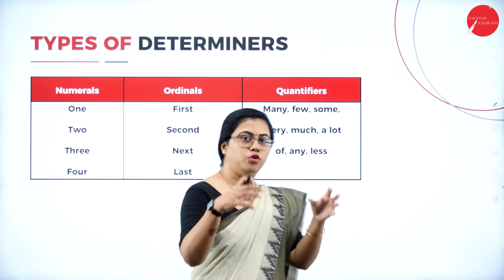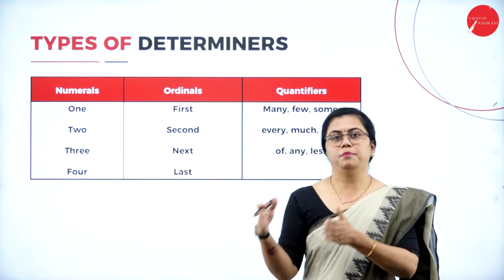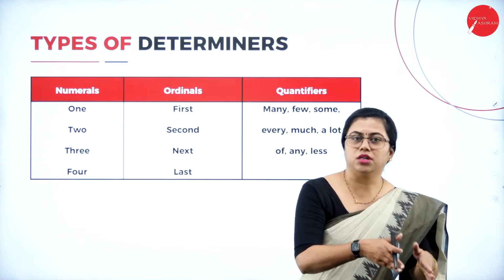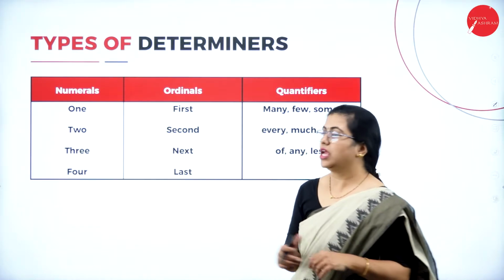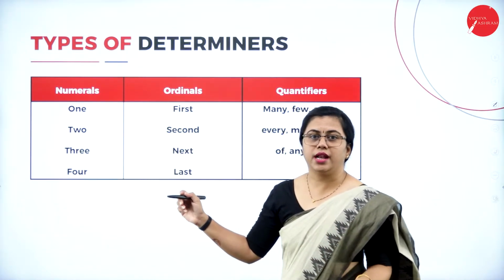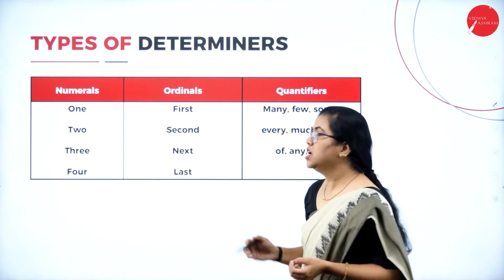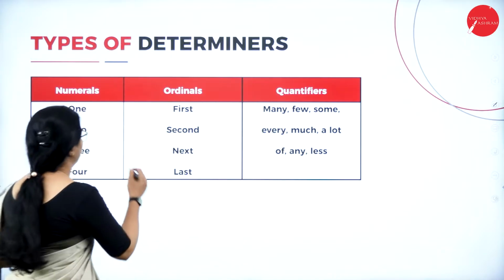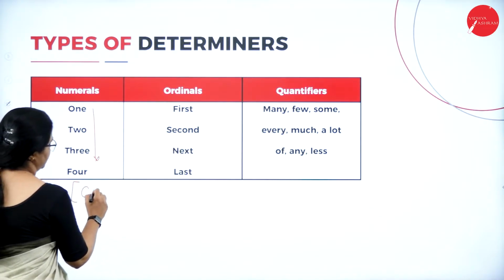One beautiful pup was at my home, I say. Beautiful is already an adjective, so you need not tell one again; you can consider that a determiner. So numerals are also there under determiners, and we have ordinals also. Sometimes these numerals are also called cardinals.